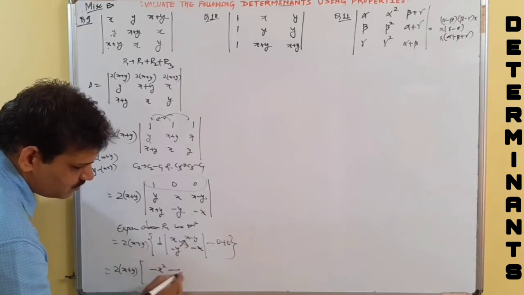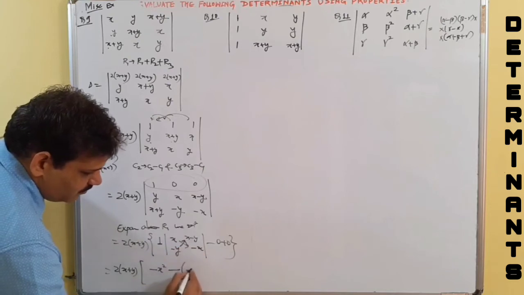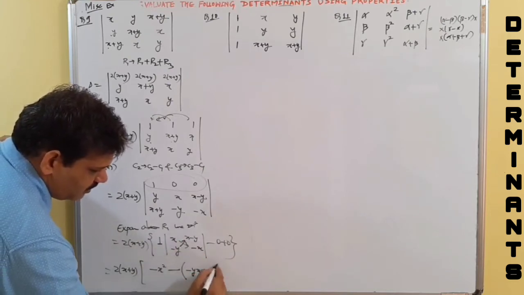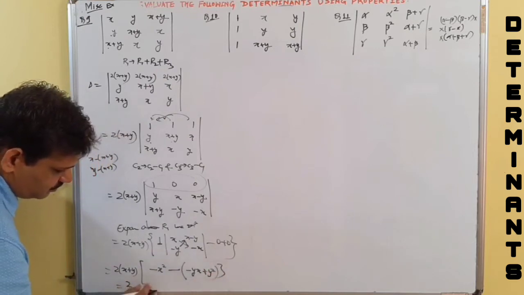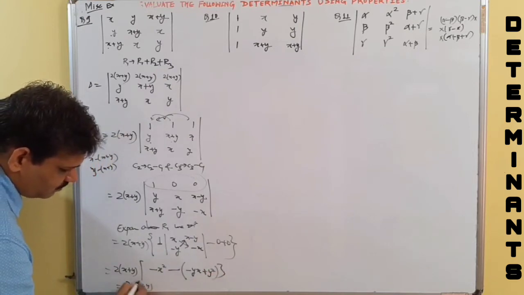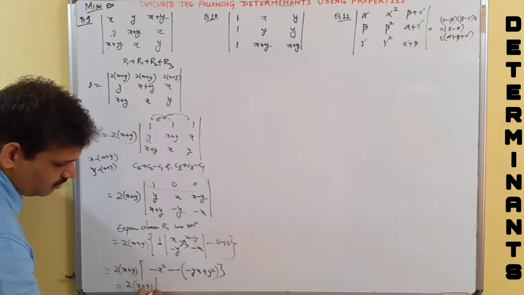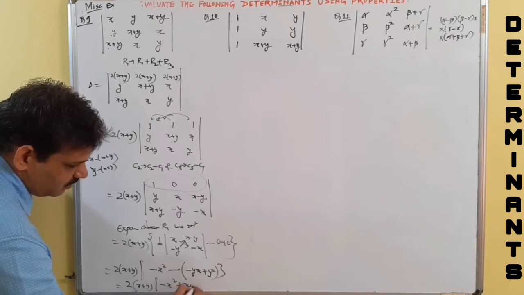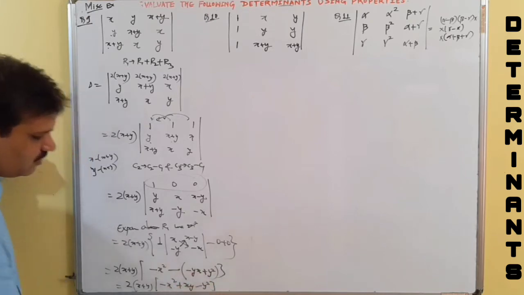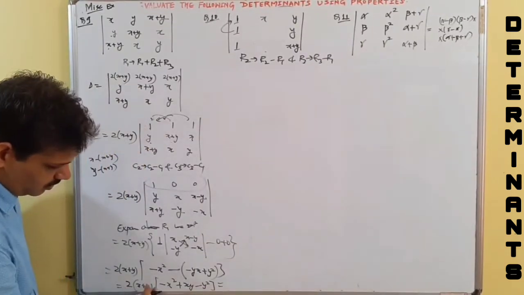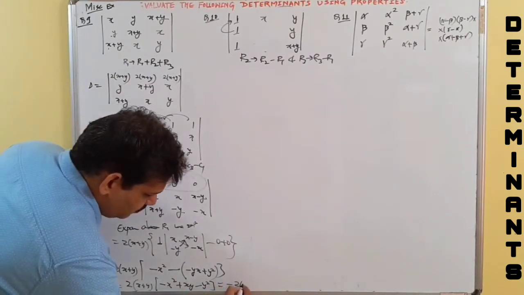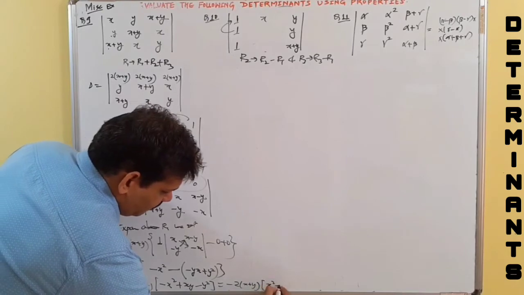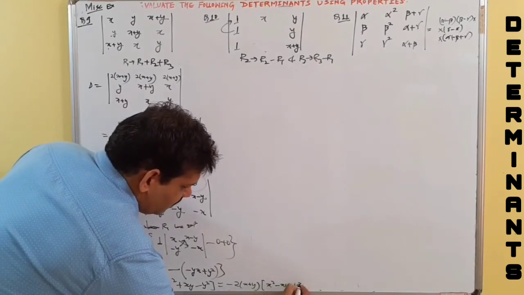This into this minus x square minus this into this will give me minus yx, minus y into minus y plus y square. So 2 times of x plus y multiplied by minus x square plus xy minus y square. Here we can take common negative sign. So minus 2 times of x plus y into x square minus xy plus y square.